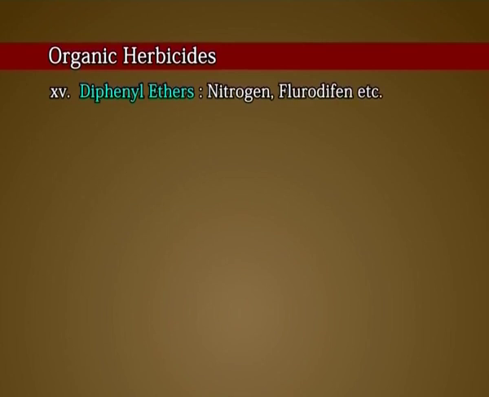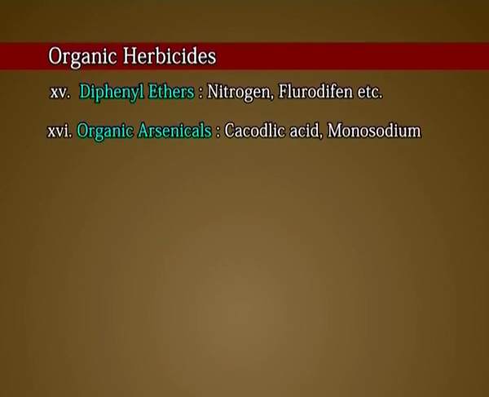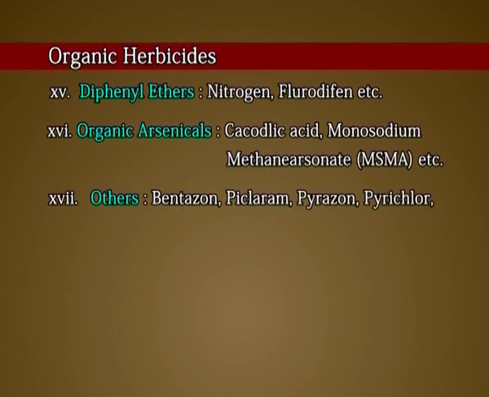It includes nitrofen, fluorodifen, etc. Number 16, organic arsenicals. It includes cacodylic acid, monosodium methanearsonate, known as MSMA, etc. Number 17, others. It includes bentazone, picloram, pyrazon, pyriclor, endothall, etc.